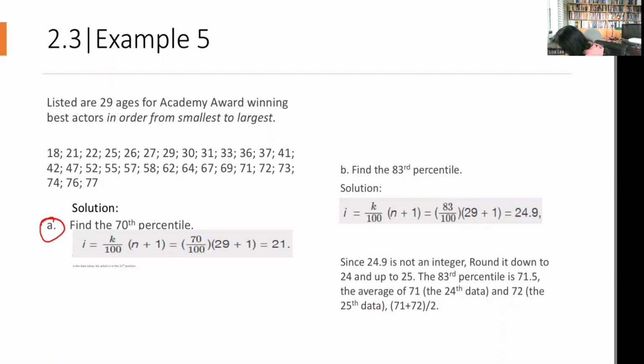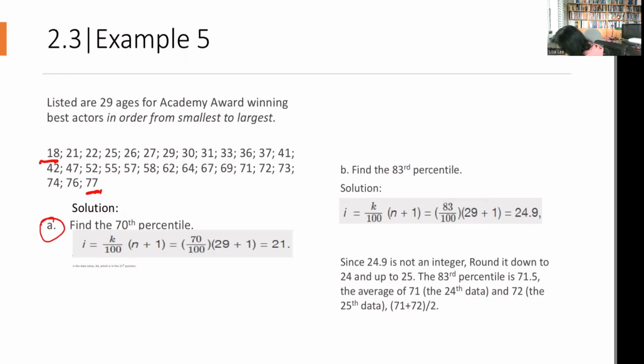We can see the smallest value is 18 and the largest value is 77. Now we need to determine where I, the index, is.